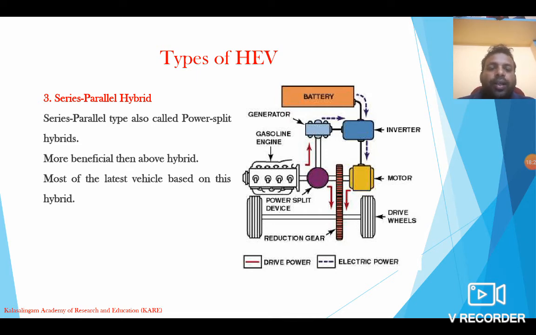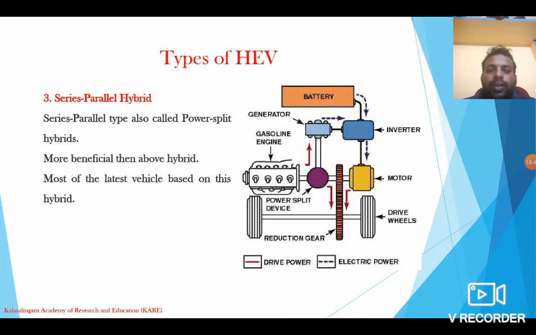We can propel the vehicle with the help of the motor also. The whole process is controlled by the controller, and it is more efficient compared to other kinds of electrical drives.